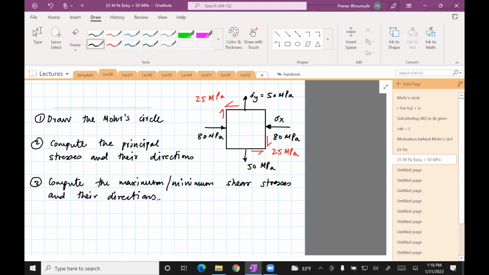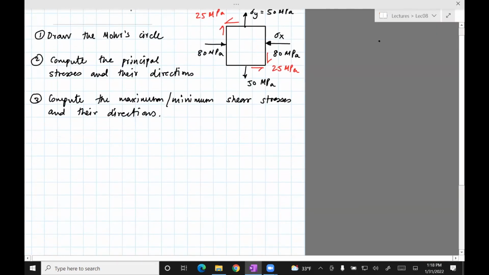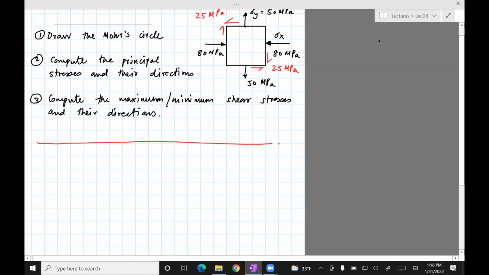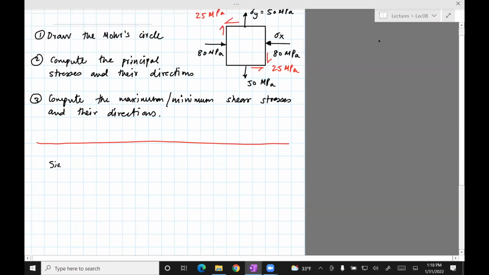Okay, so let's review the sign convention because we'll be using it. So I said for normal stress, positive is tension, negative is compression.